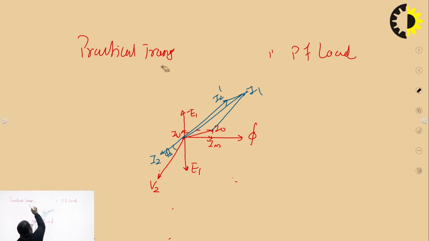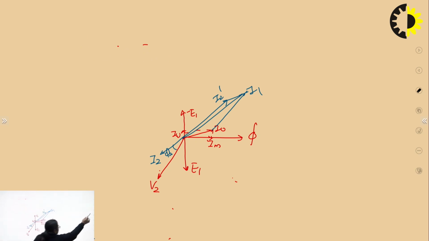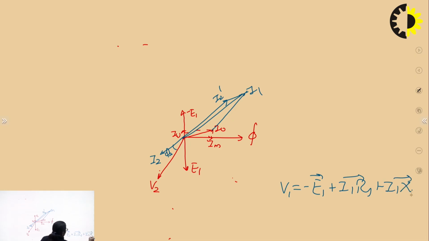We require it so that I can plot I1 R1, because to have V1, I know it is going to be minus of E1 plus I1 R1 plus I1 X1. So I want to have this voltage which is in phase with I1. Now I know that I1 has this phase.